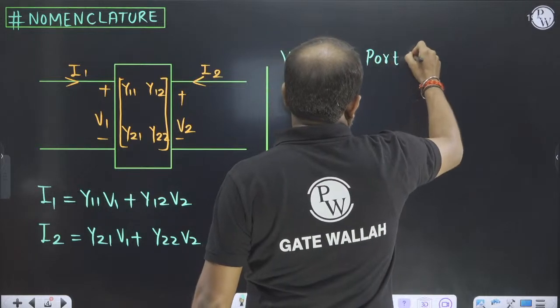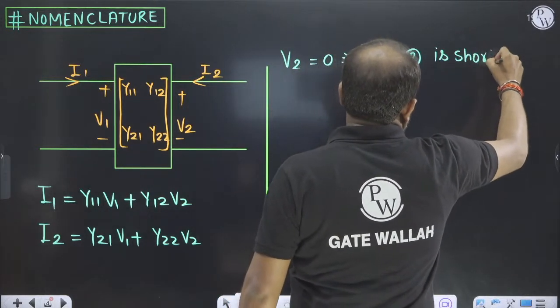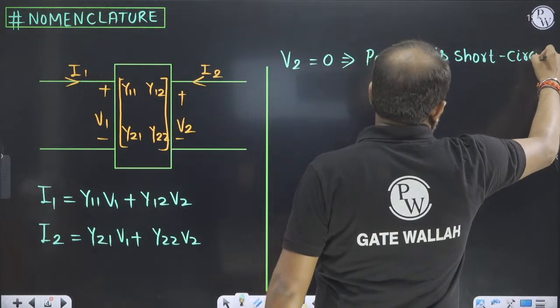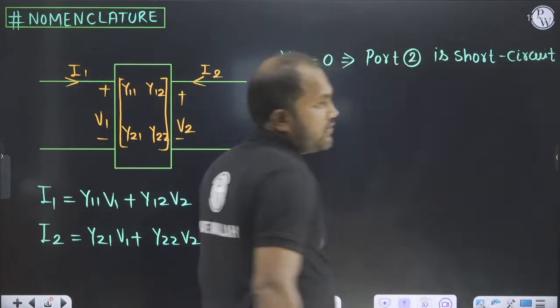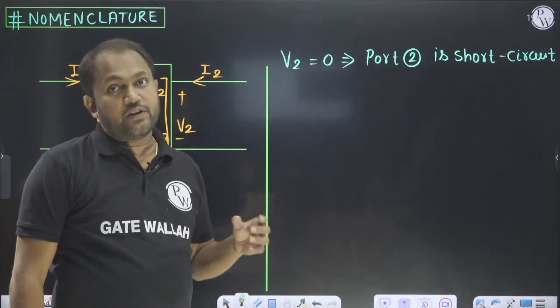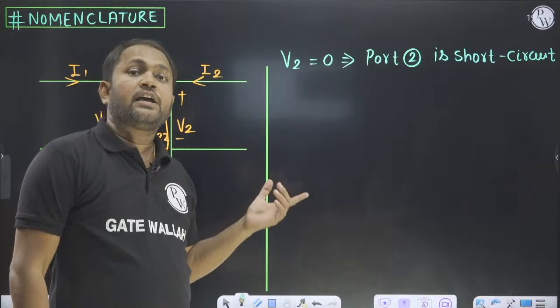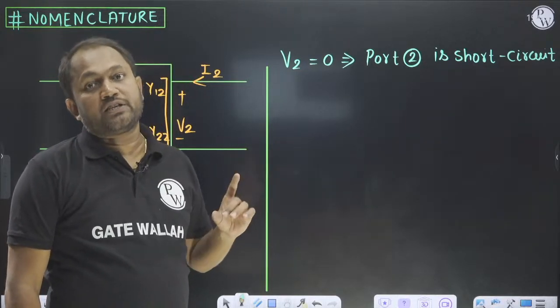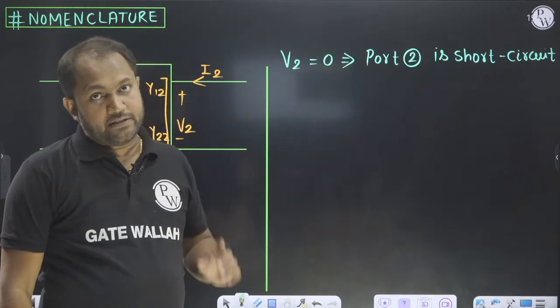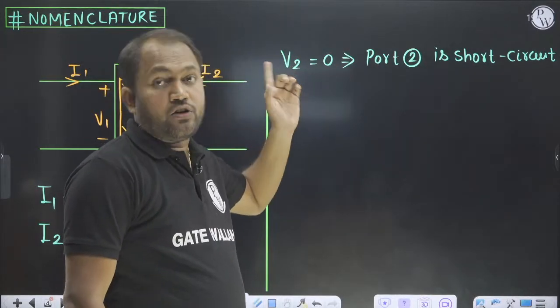So port 2, the output port, is short circuit, hence it is known as short circuit. In case of Z parameter, current is 0, so it is open circuit impedance. Here voltage is 0, so it is short circuit admittance. So voltage is 0, short circuit; current is 0, open circuit.